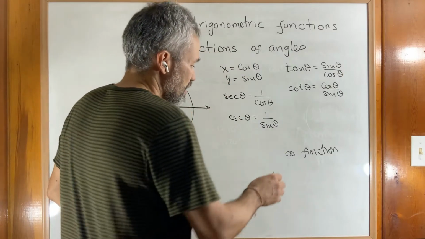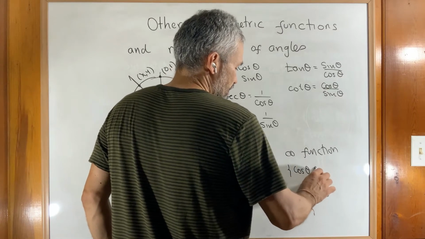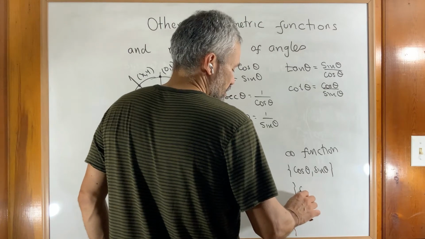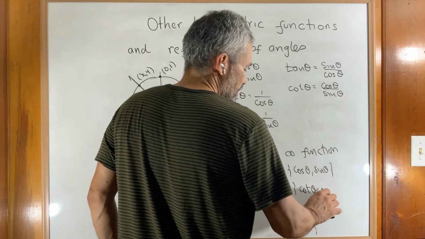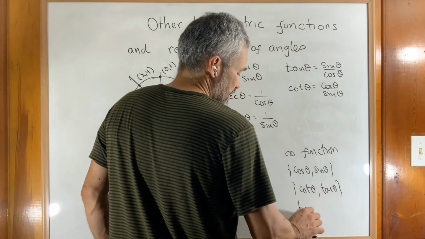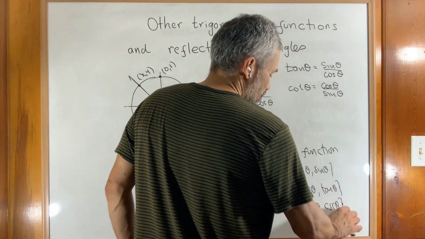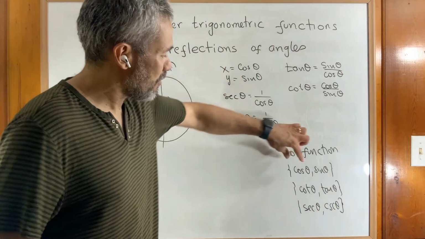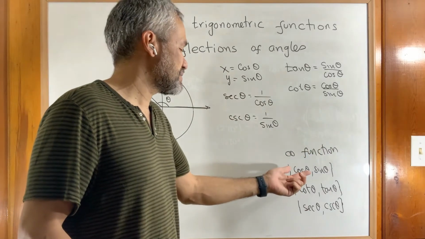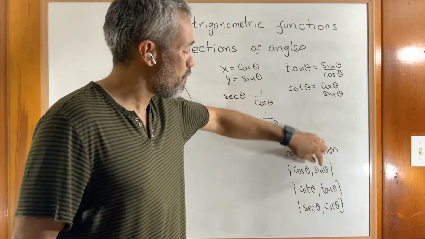They go in groups like this: cosine of theta, sine of theta, cotangent of theta, tangent of theta, and secant of theta, and cosecant of theta. These pairs are called cofunctions. It's like they are siblings, right? This is the sibling of this, and this is the sibling of this, but they are the cofunctions.